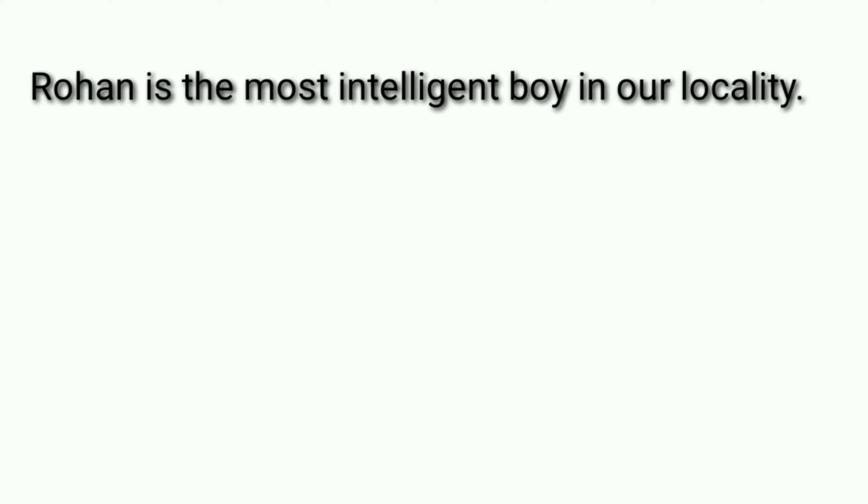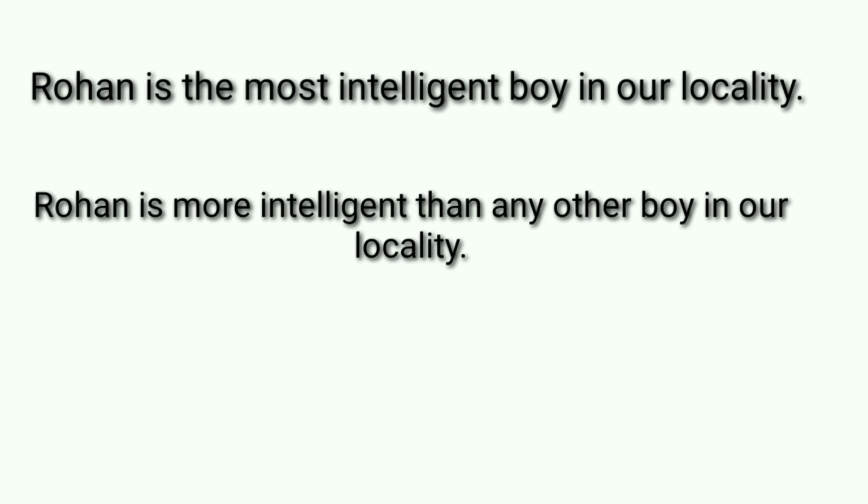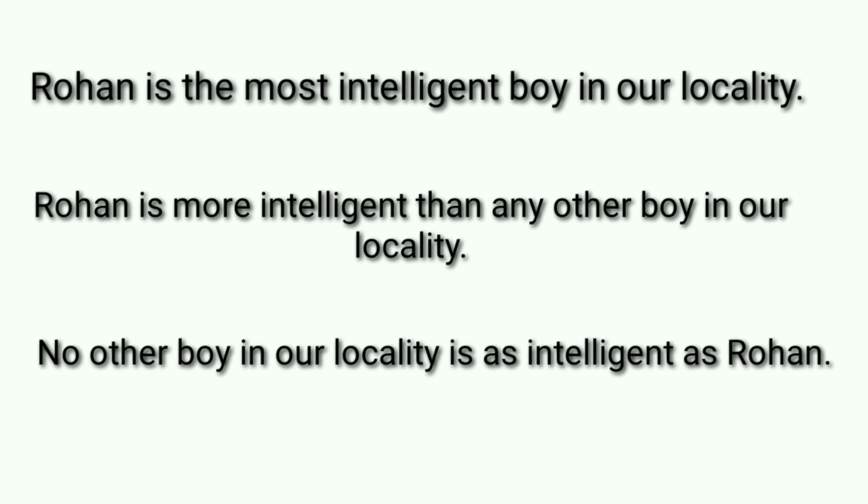So we can write it in comparative and positive degree, and the meaning will remain the same. In comparative degree we will write, Rohan is more intelligent than any other boy in our locality. And in positive degree we will write, no other boy in our locality is as intelligent as Rohan.